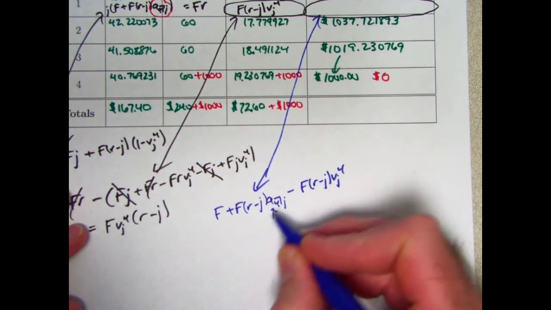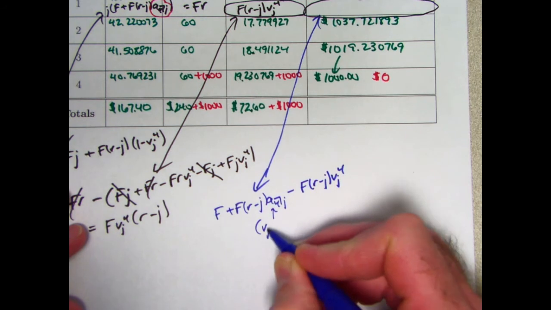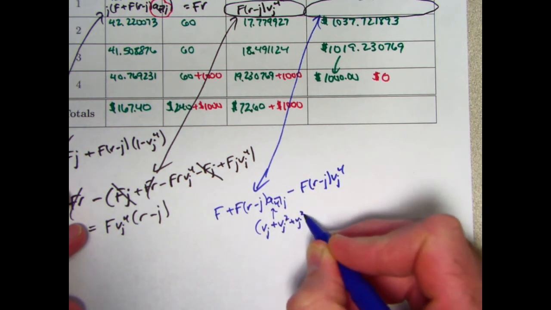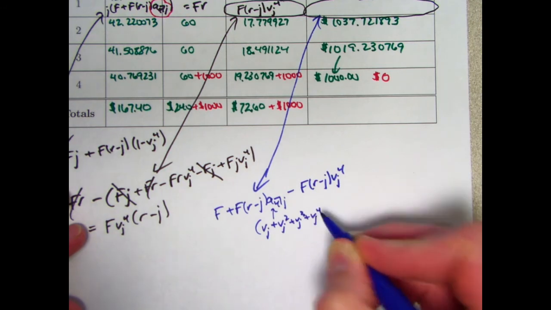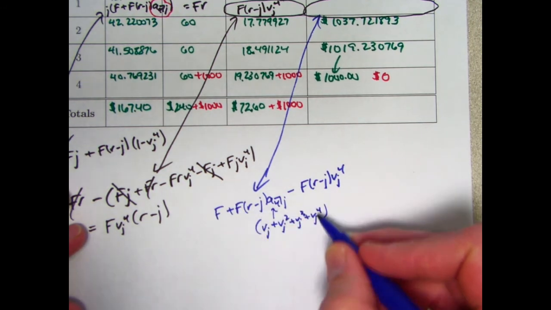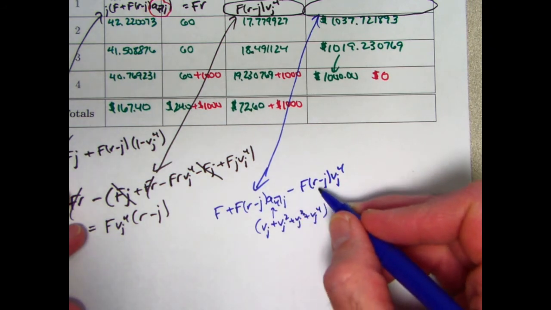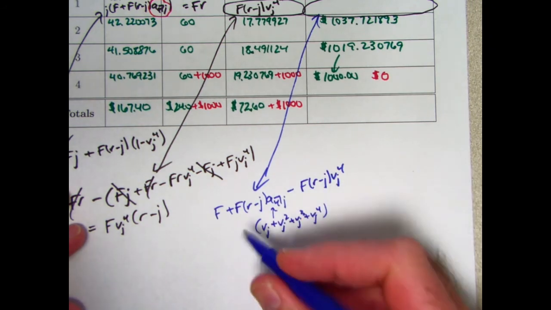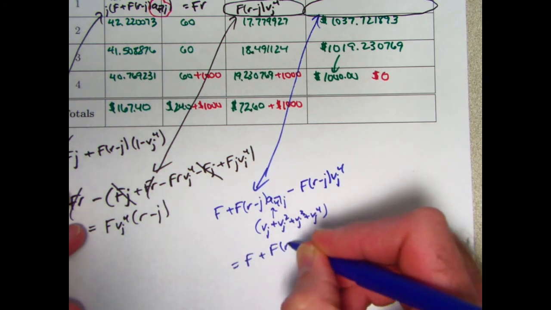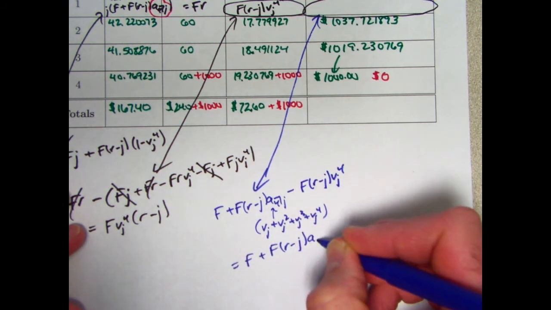If you want, you could emphasize that by saying this is vj plus vj squared plus vj cubed plus vj to the fourth. But yeah, F times r minus j times vj to the fourth is going to cancel with this minus F times r minus j times vj to the fourth. So what we will be left with is F plus F times r minus j times a3j.